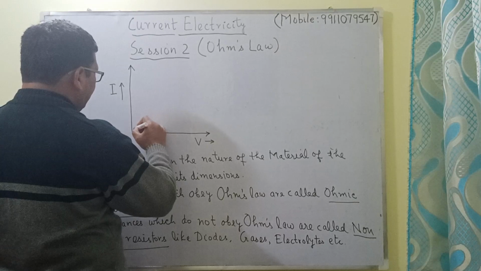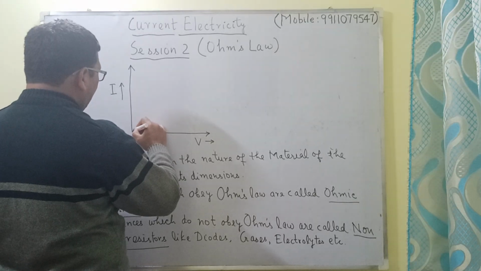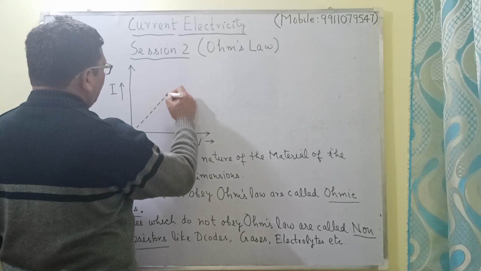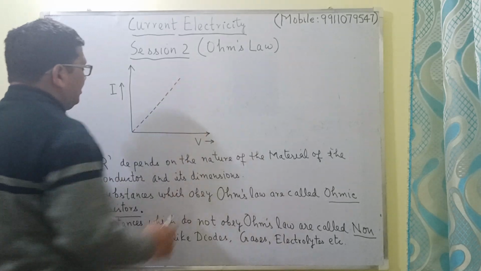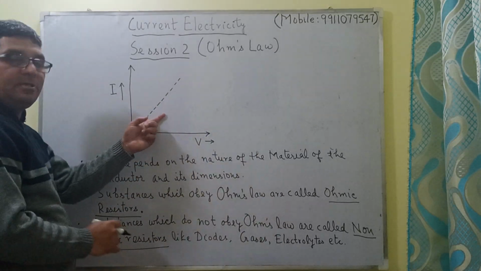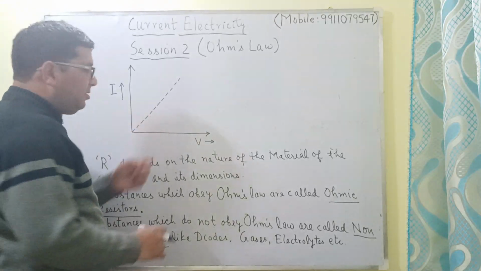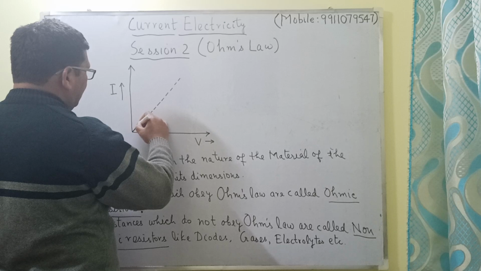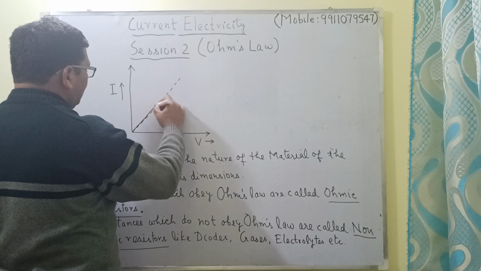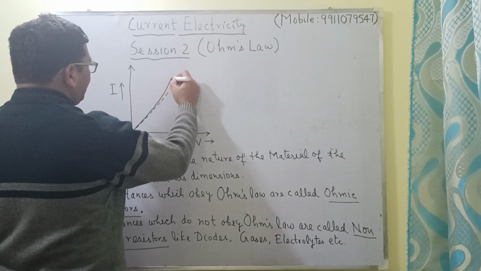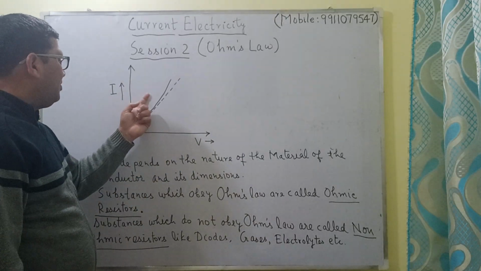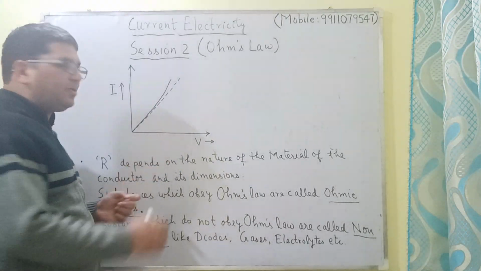Now, in this case, this dotted line represents Ohm's law, and I'm also drawing here one thick line like this. So this is basically the VI diagram, or you can say the VI characteristic of a good conductor.